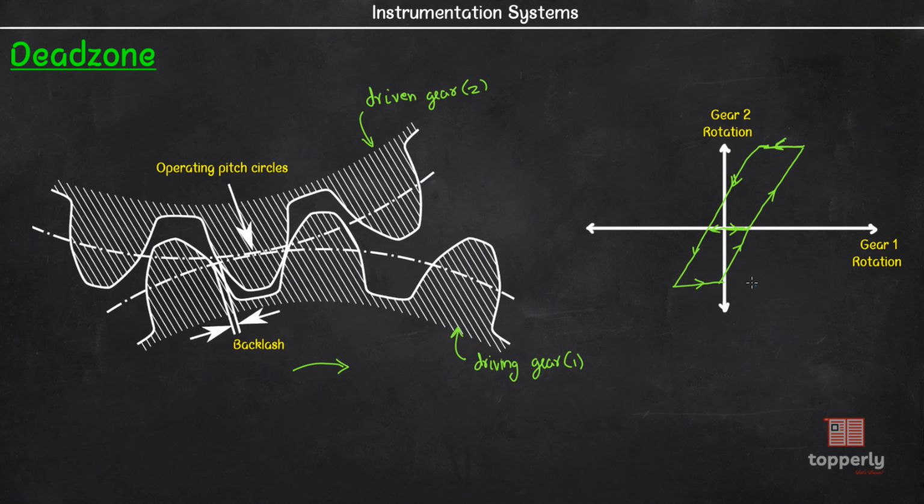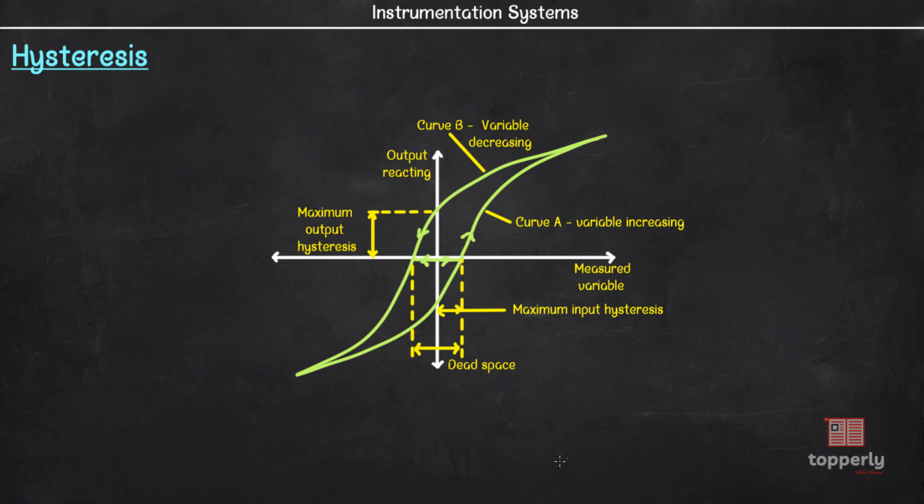So the entire characteristic looks like this, and this is the deadzone. One more parameter that is usually associated with static characteristics is hysteresis. Hysteresis is a phenomenon where if we gradually increase the input, the characteristics follow one path, and if we gradually decrease the input, the characteristics follow another path.